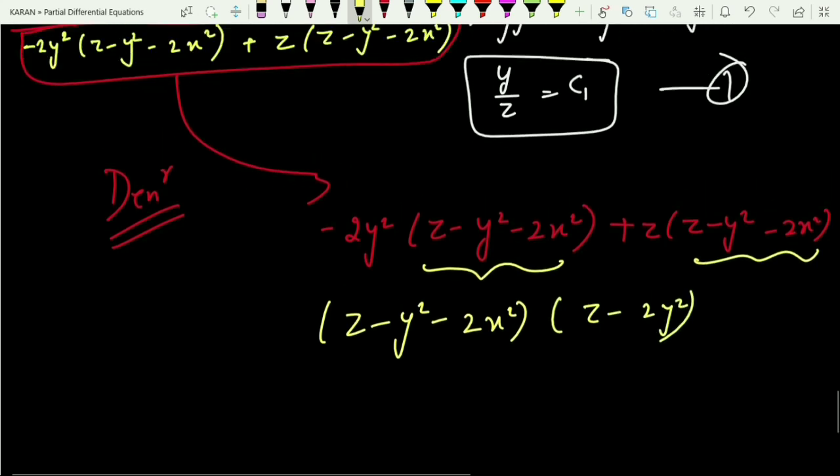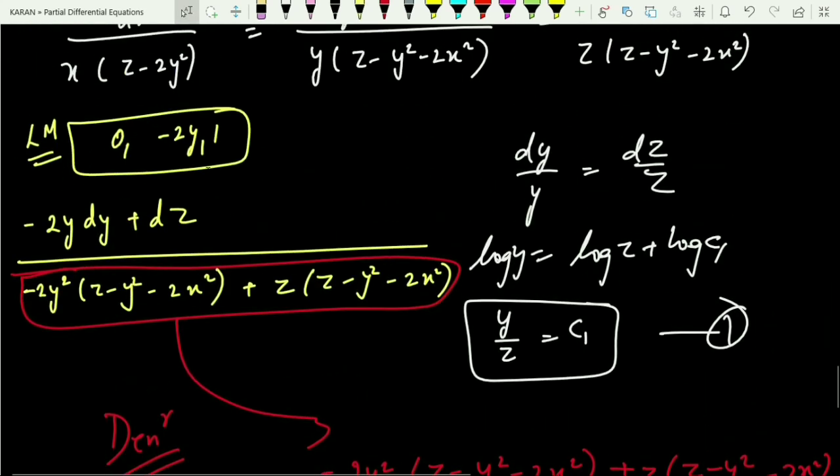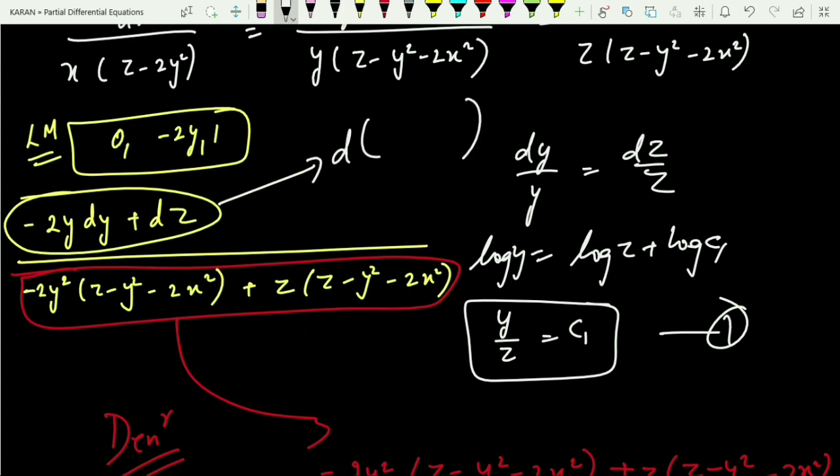So in the numerator we have minus 2y dy plus dz. And can you tell me what this thing can be written as? Derivative of what? Just observe this thing. So clearly we have to write dz, so you have to include z, because from this portion you will get dz. And how to get minus 2y dy now?